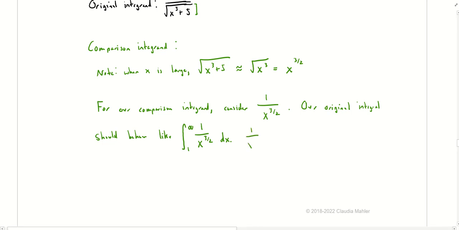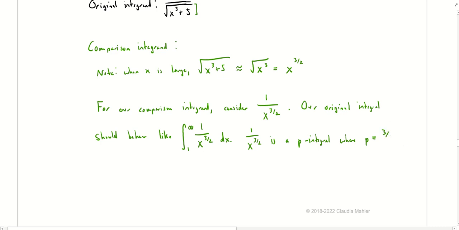So this 1 over x to the 3/2 is a p integral where my p is 3/2.